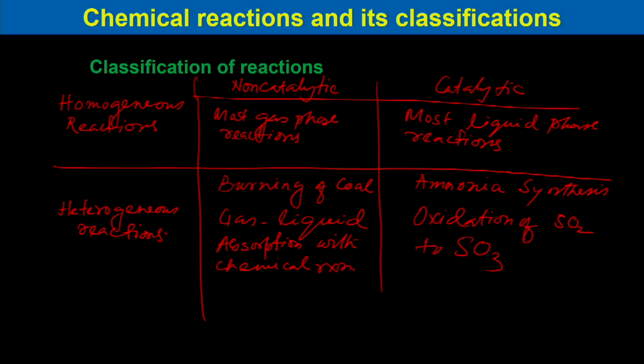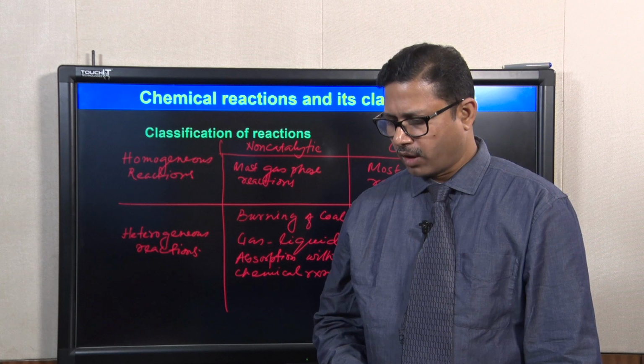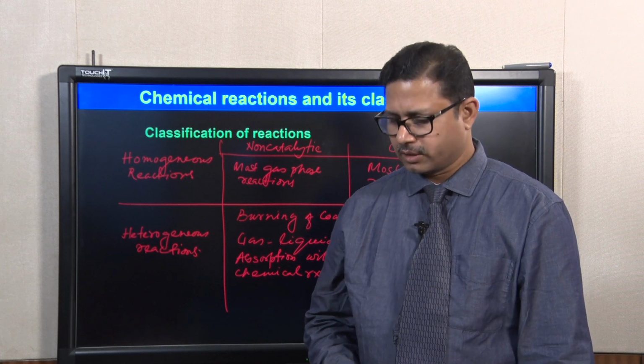As you can see, all these require two phases. In case of burning of coal, it is solid and gas. Then gas liquid is a gas and liquid, two phases. So, these are non-catalytic processes and these are the catalytic processes. Haber process for ammonia synthesis is one of the very important examples of catalytic heterogeneous reactions.